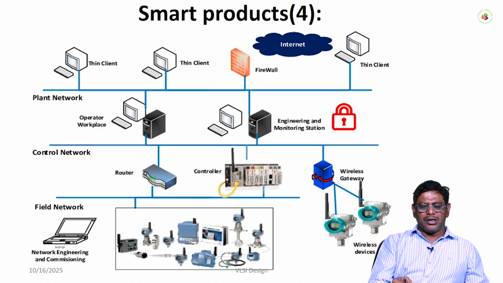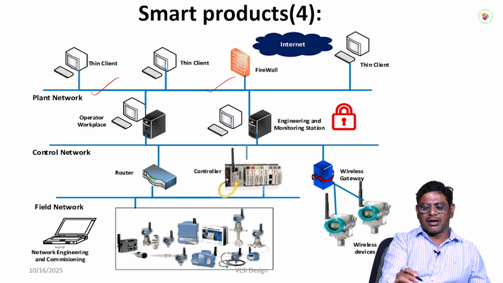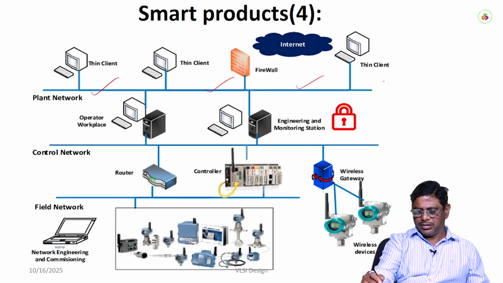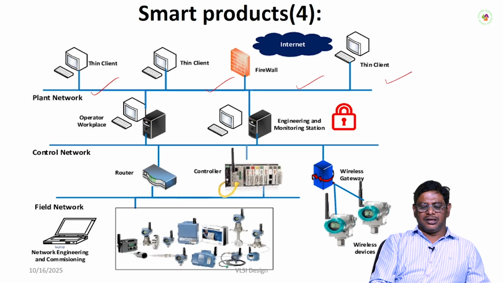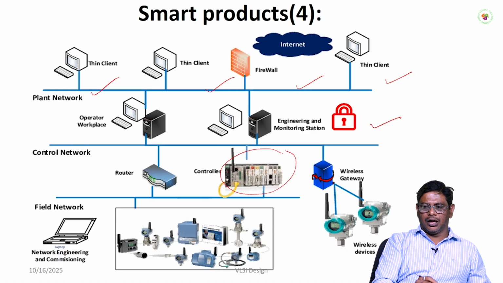And when it comes to other products, there is a wireless communication system consisting of a network, thin client, and firewall module, and at the end a thin client which is connected with the server systems, with a number of controllers connected to the routers.